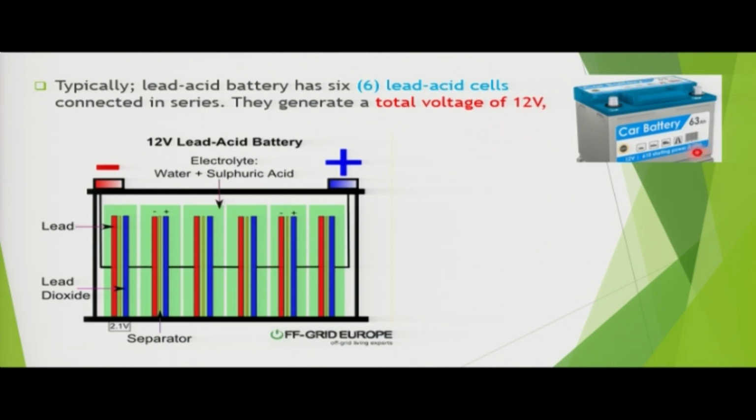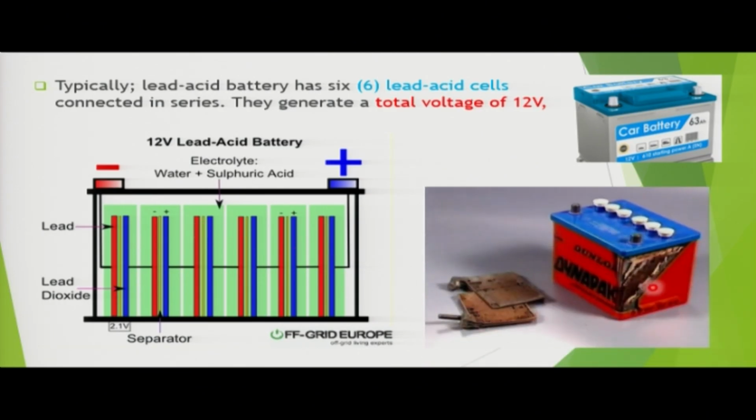This pack you see is made up of 6 small cells in it. This is a cell with a lead metal and lead oxide. This is another cell, this is another cell, this is another cell, and so on. This structure fully explains it. 1, 2, 3, 4, 5, 6.